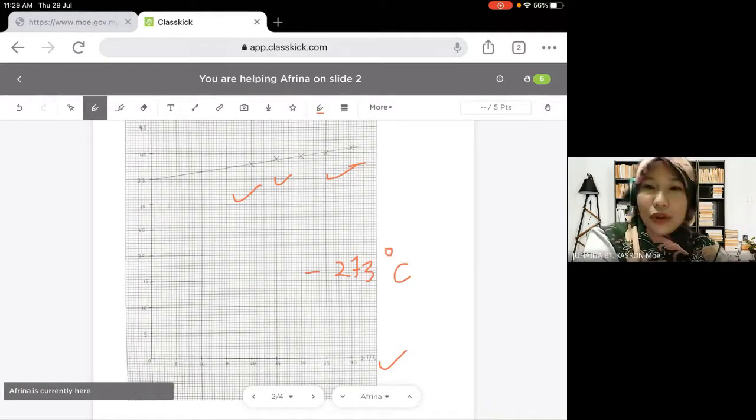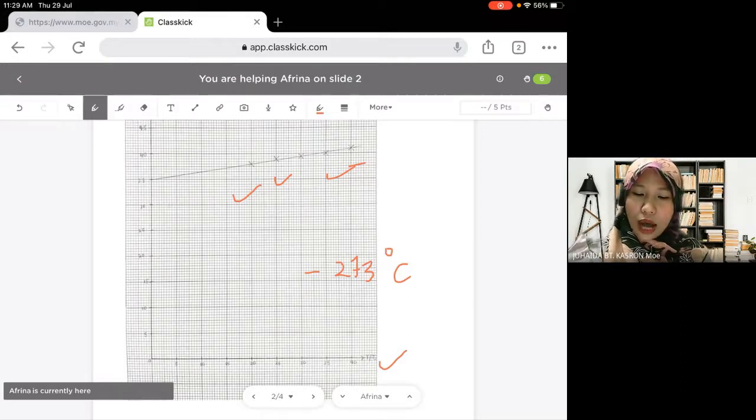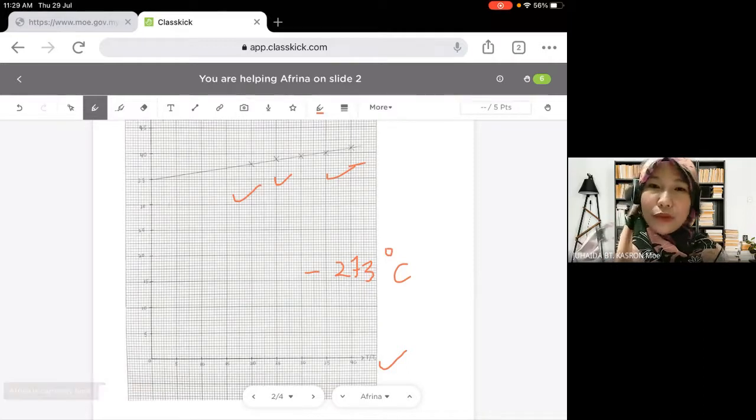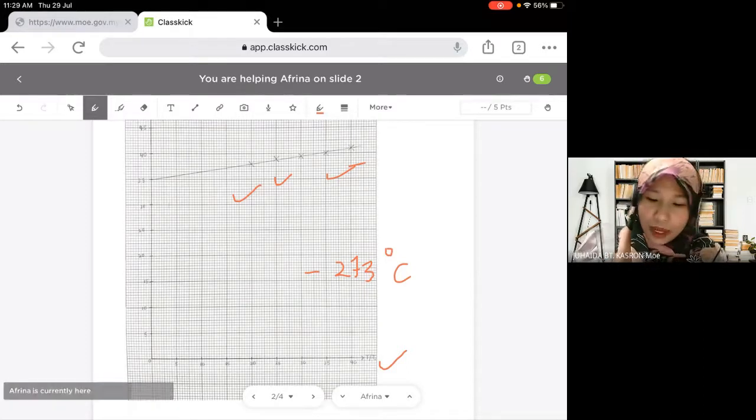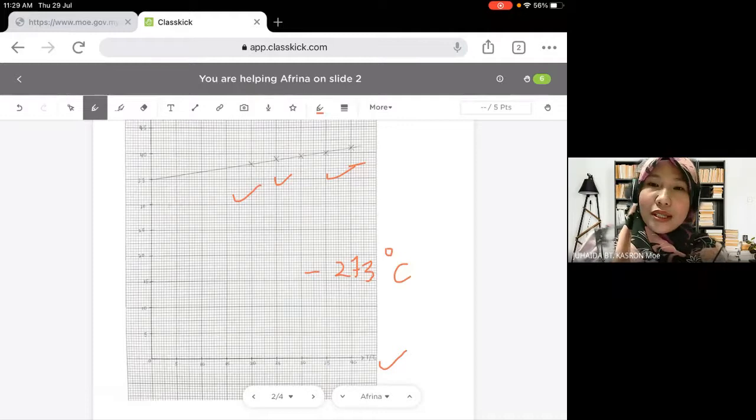Alright, so now is the second activity. I will put you into breakout rooms. This is the group activity. I divided you into 5 groups as I told you before. First, using the Jamboard, the leader of your team will share the Jamboard link with you all.